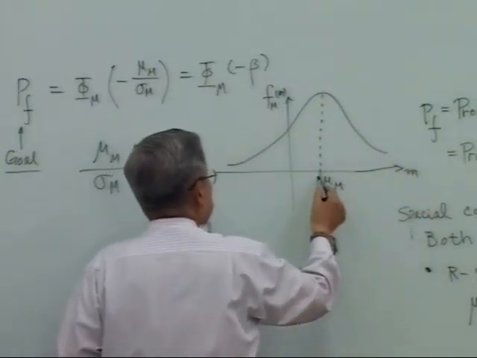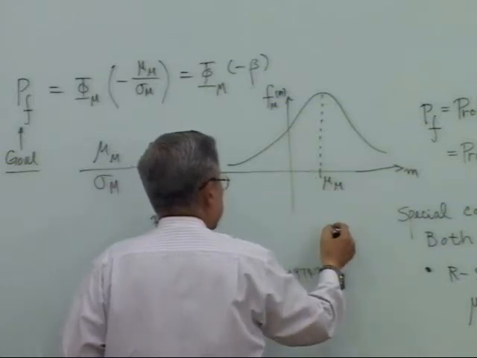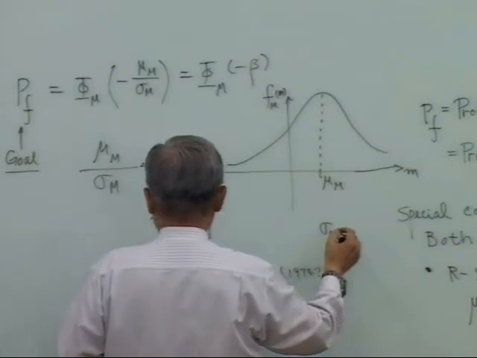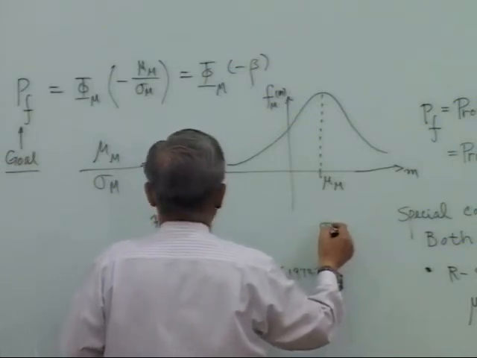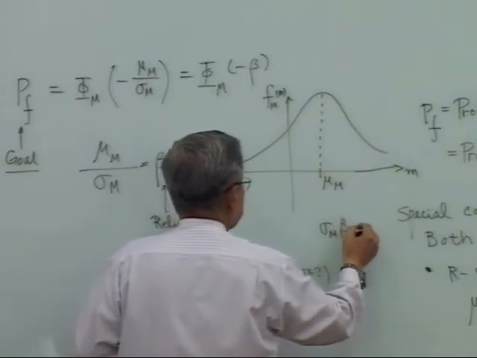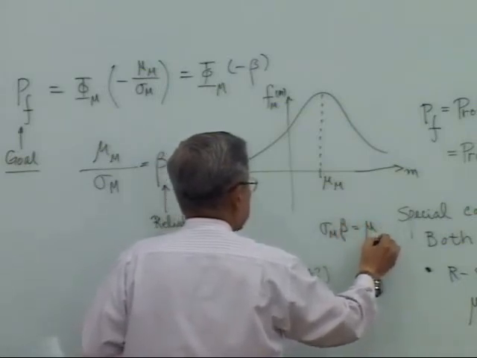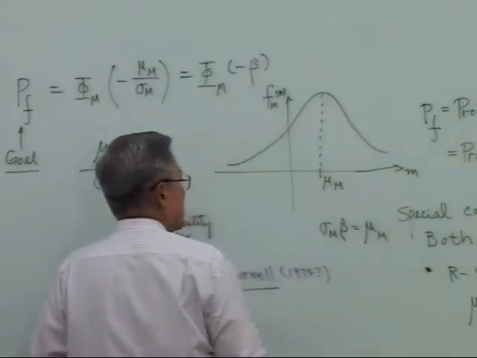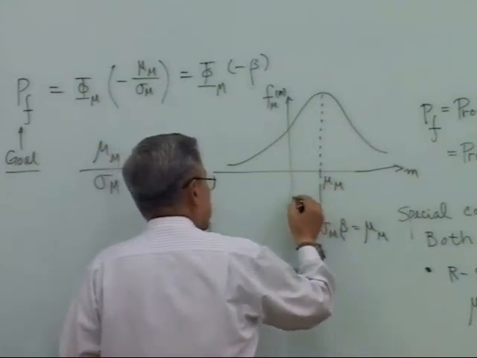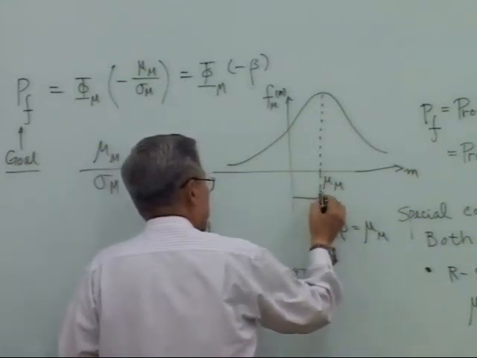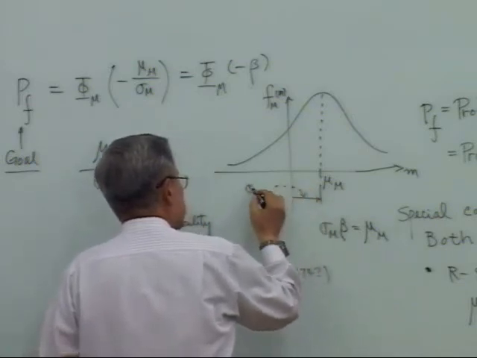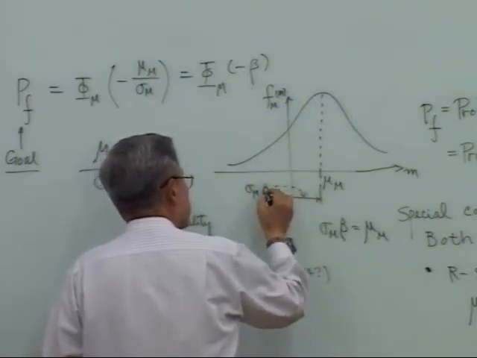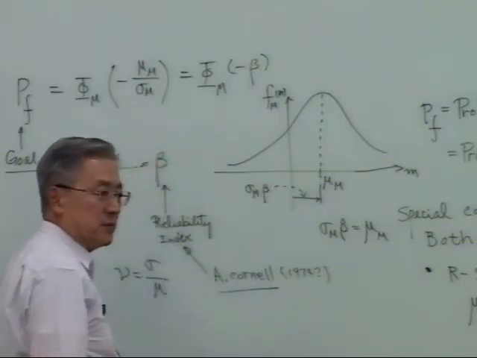If I call this sigma m times beta, it is equal to mu m. Up to here, this is sigma m times beta.